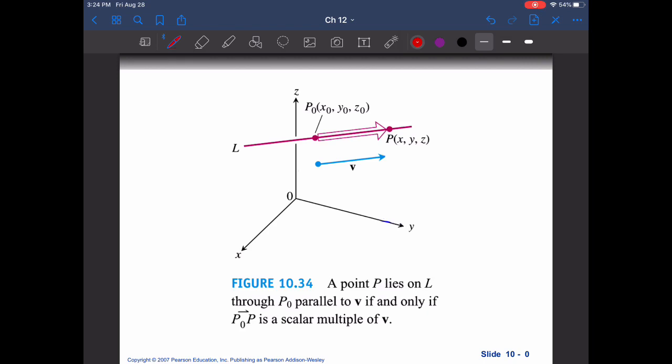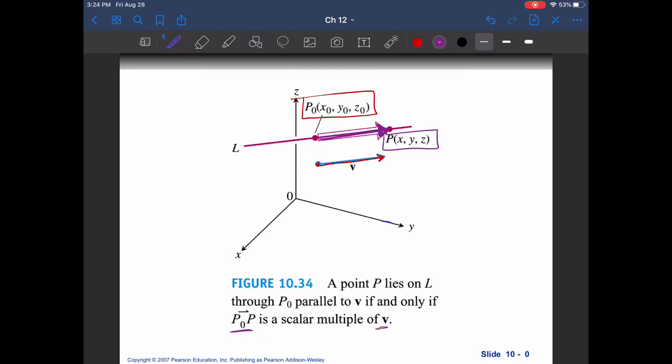What this graph is showing you is that if we have a line that passes through point P naught, this point right here, and our line is parallel with vector V, then any other point that lies on this line, such as this point P here, will be on the line only if the vector between P naught and P is parallel to V.